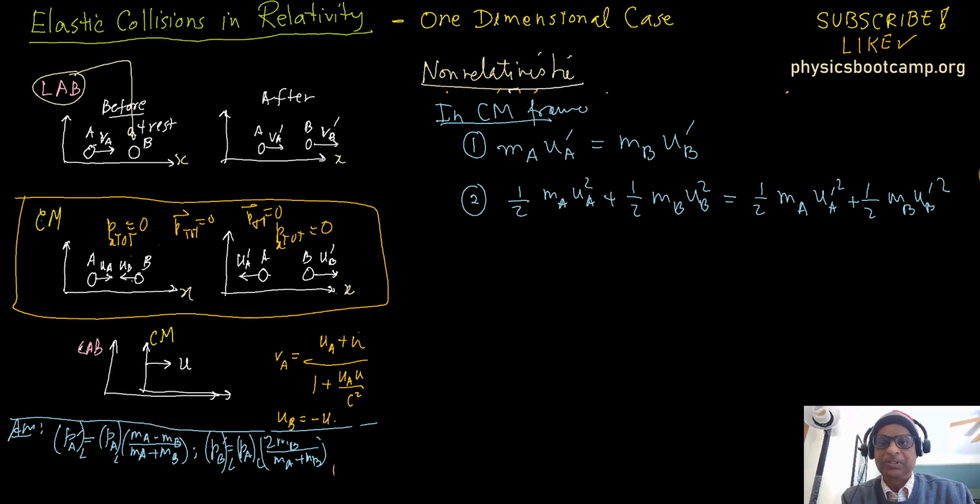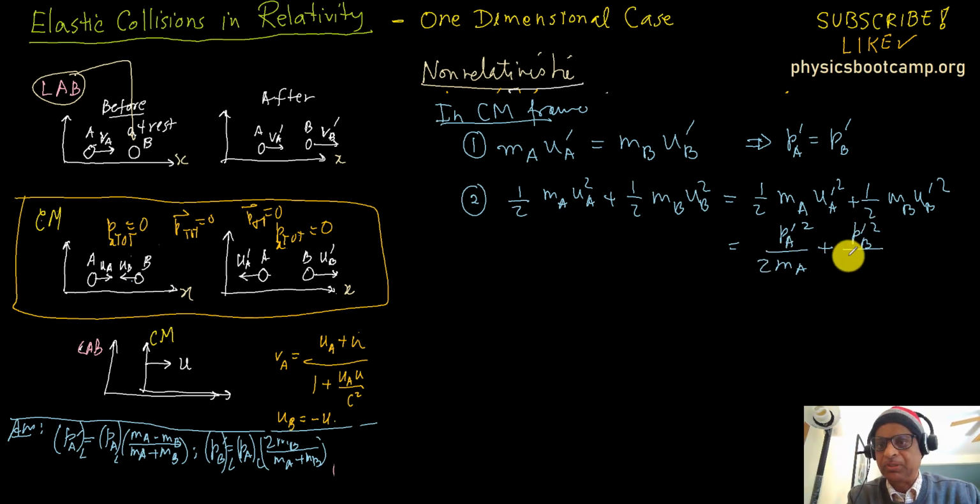So now if I work with momentum, it will be even easier. So this equals PA prime equals PB prime, and so this is PA prime square over 2MA, and this is PB prime square over 2MB, and this is total kinetic energy. Let's call it K in.